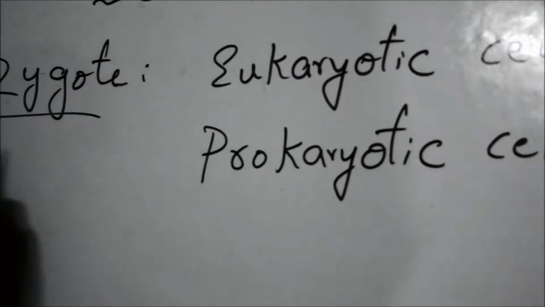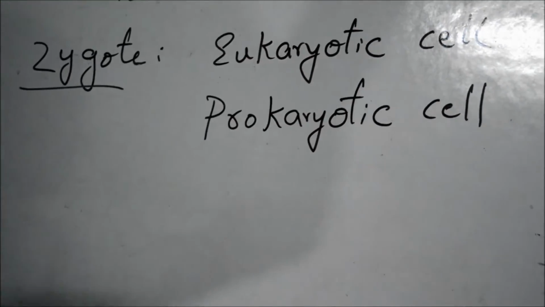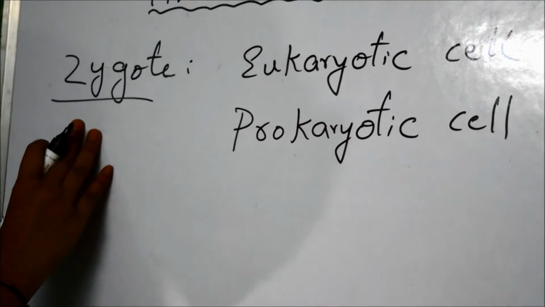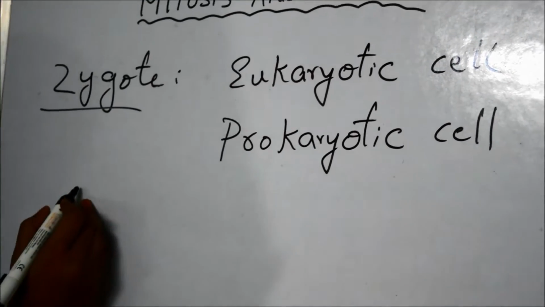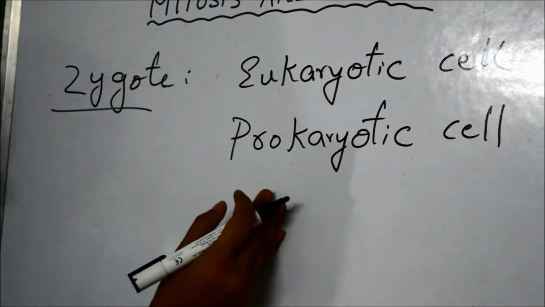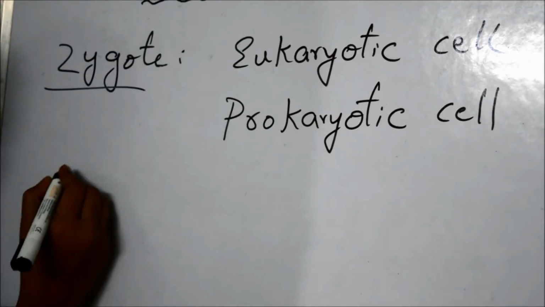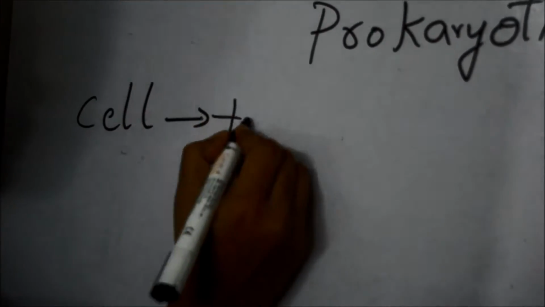So now we are discussing a plant or animal which begins its life with a single cell called a zygote. The zygote undergoes cell division: it divides from 2 to 4, 4 to 8, 8 to several thousands of times. From a single cell to several thousands of cells, together they form a tissue.